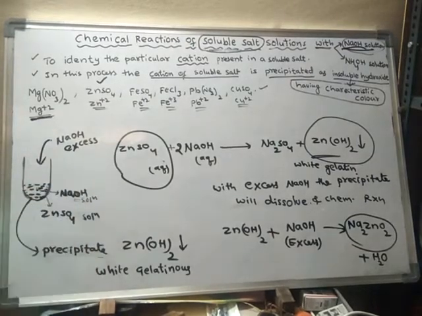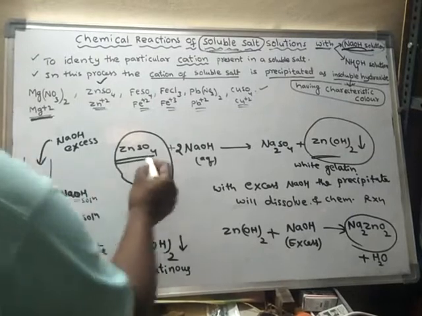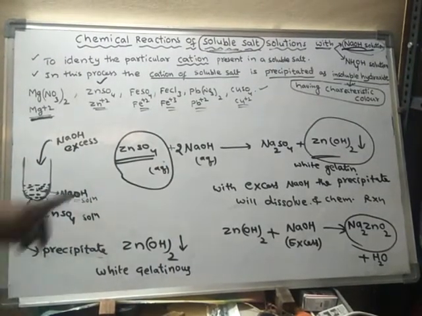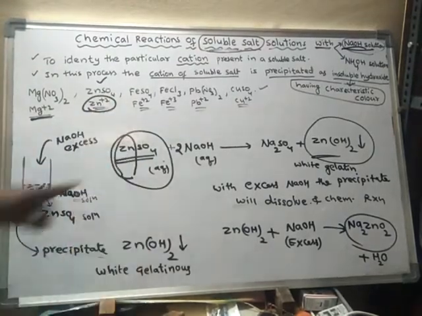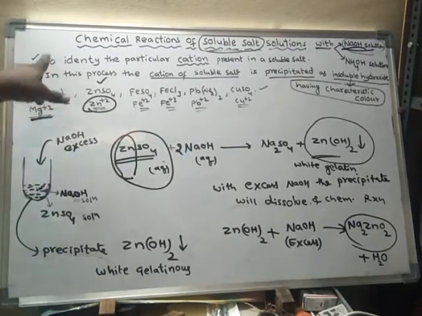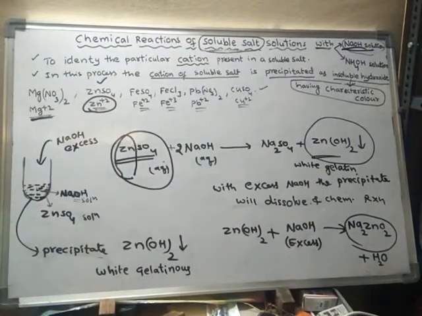By all these observations, we can easily understand that the salt which we have taken initially is a zinc sulfate salt, and this salt is made up of the zinc ion, Zn+2. In this way we can easily identify the particular cation present in the soluble salt. Based on what?